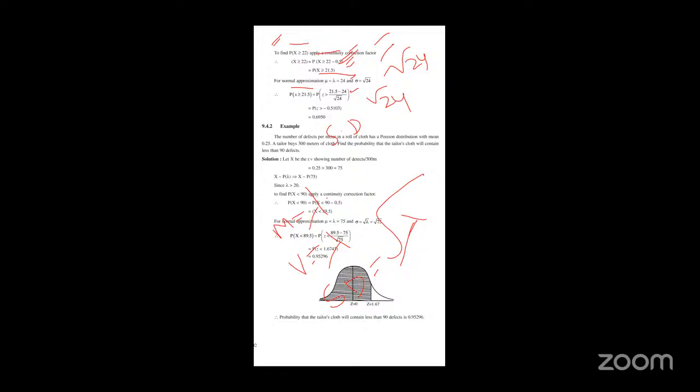So in the Poisson distribution, mean is lambda, variance is lambda, and standard deviation is root lambda.